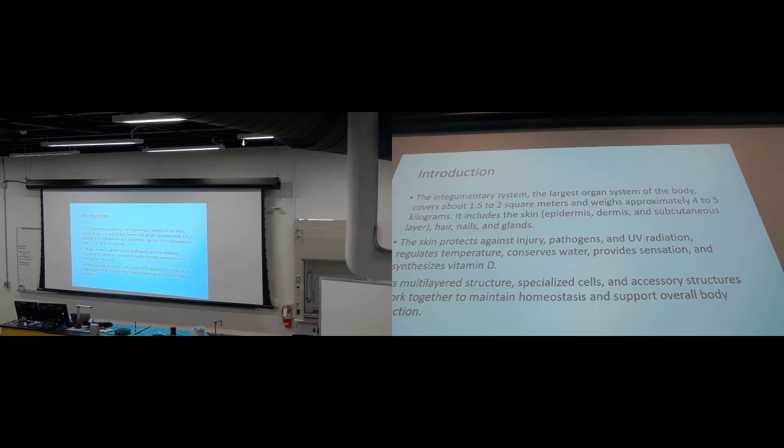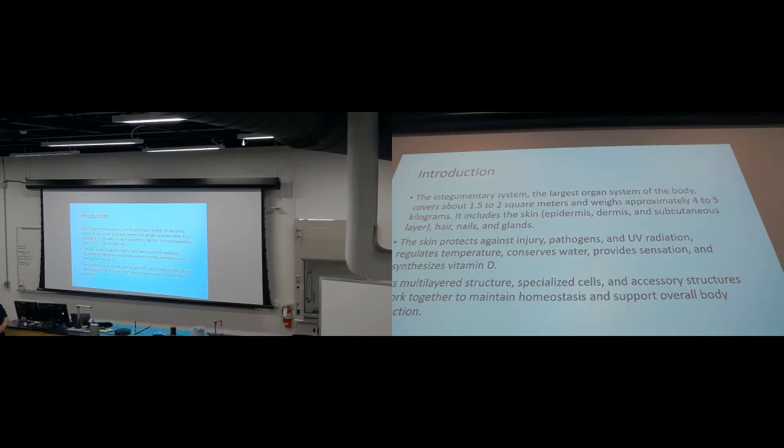So, the integumentary system is the largest system in our body. We have skin of around 1.5 to 2 square meters, and it weighs about 4 to 5 kilograms. Each kilogram has 2.2 pounds.